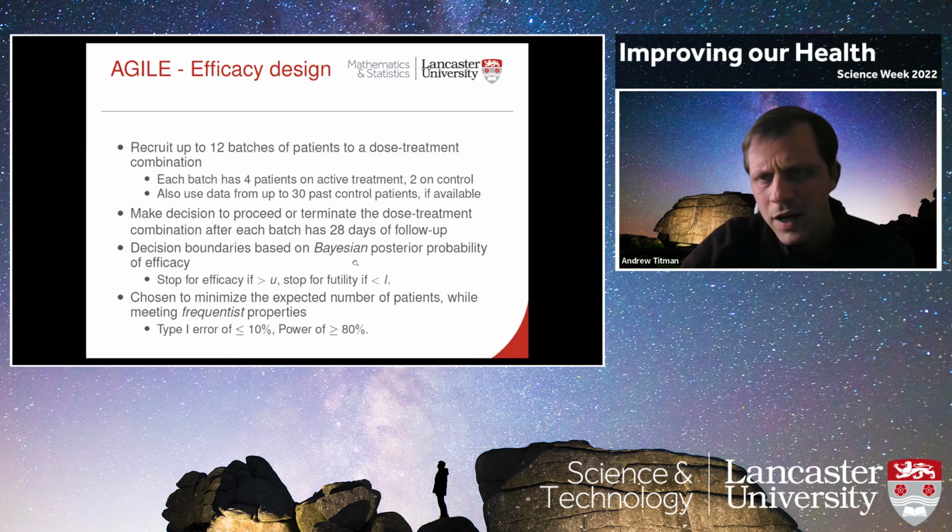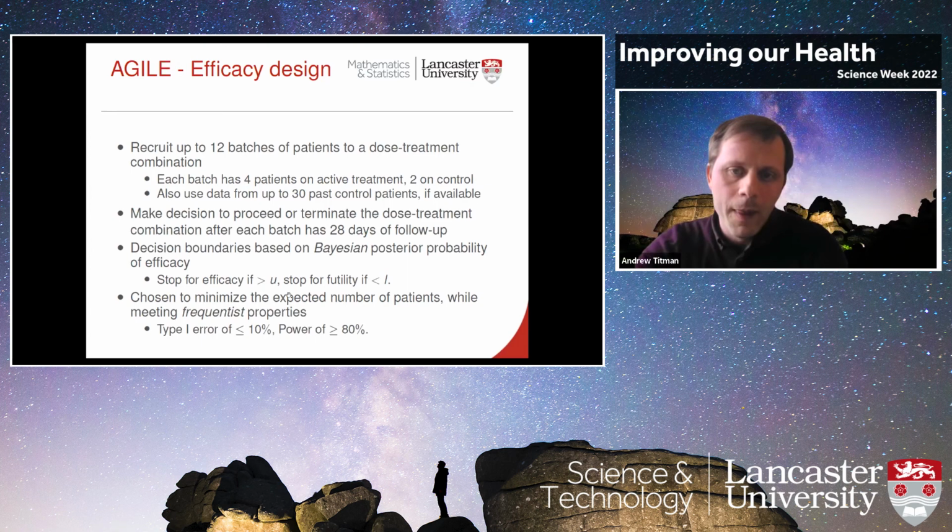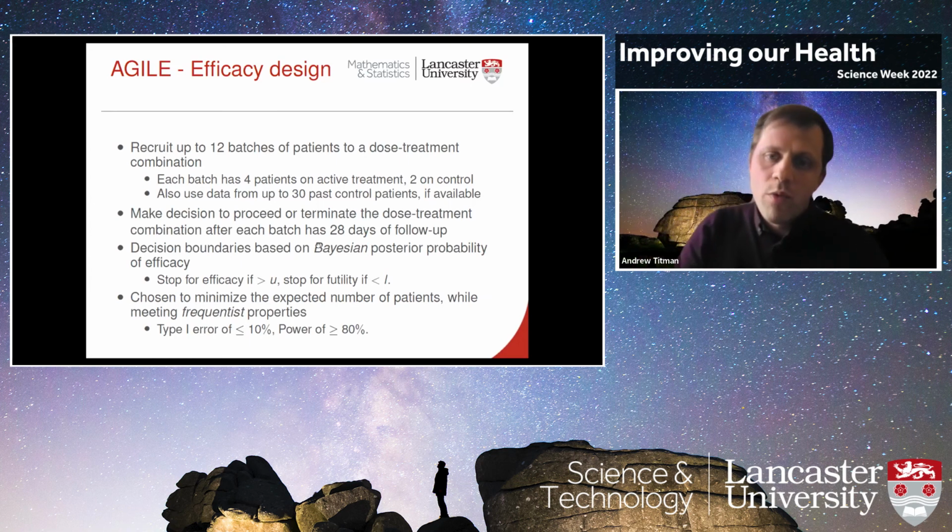And the design has a kind of hybrid of using, so there's 2 branches of statistics. There's the Bayesian paradigm, and the frequentist or classical paradigm. This design is using both approaches to some extent, because the decision is based on whether we're above or below thresholds based on the Bayesian posterior probability of efficacy.